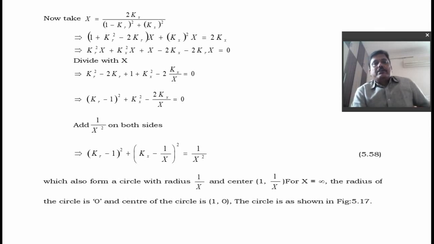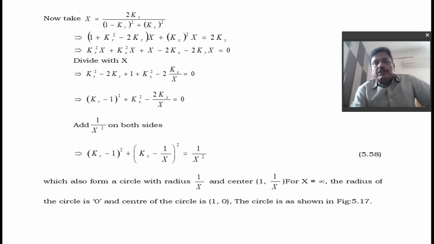Now take x equals 2kx by ((1 minus kr) whole square plus kx square). Simplifying this, divide by x and add 1 by x square on both sides. We get (kr minus 1) whole square plus (kx minus 1 by x) whole square equals 1 by x square, which also forms a circle with radius 1 by x and center (1, 1 by x).